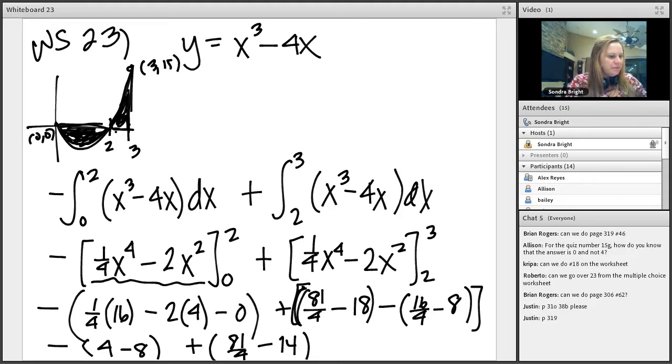Of course, I left my calculator in my bag. Okay, and so you should end up with, let's see, that's a 4, so a minus 10, 81 over 4 minus 10s, which is 40 over 4, so 41 over 4.